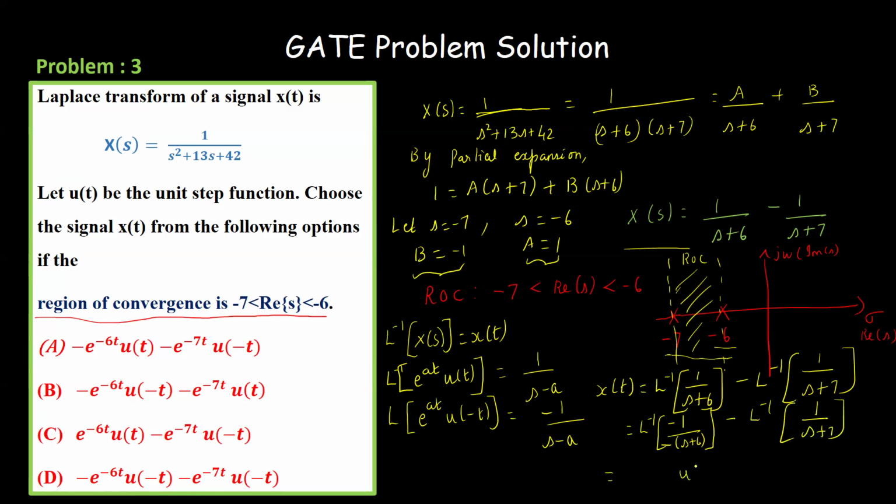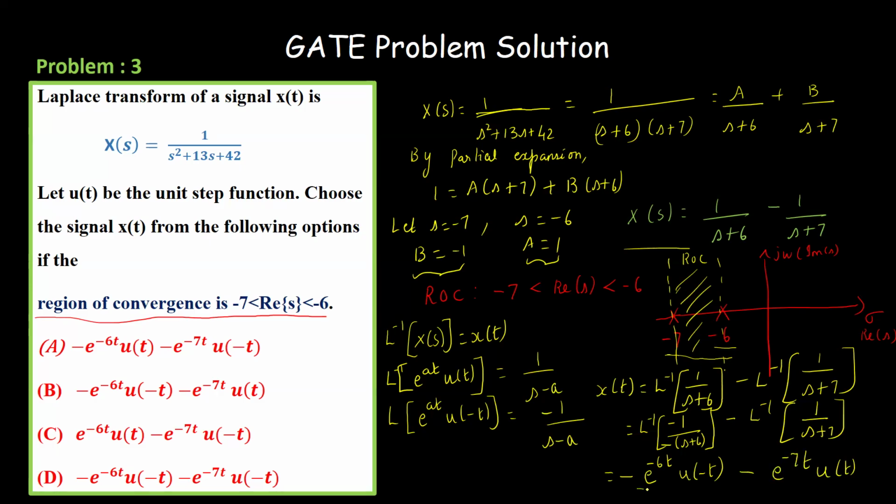Now this is u of minus t, and this is a negative signal. The Laplace transform of e power at into u of minus t is minus, so in the formula itself we have one minus, and another minus is in the denominator. So minus e power minus 6t. And here for the pole -7, only the right-sided unit step signal, minus e power minus 7t.